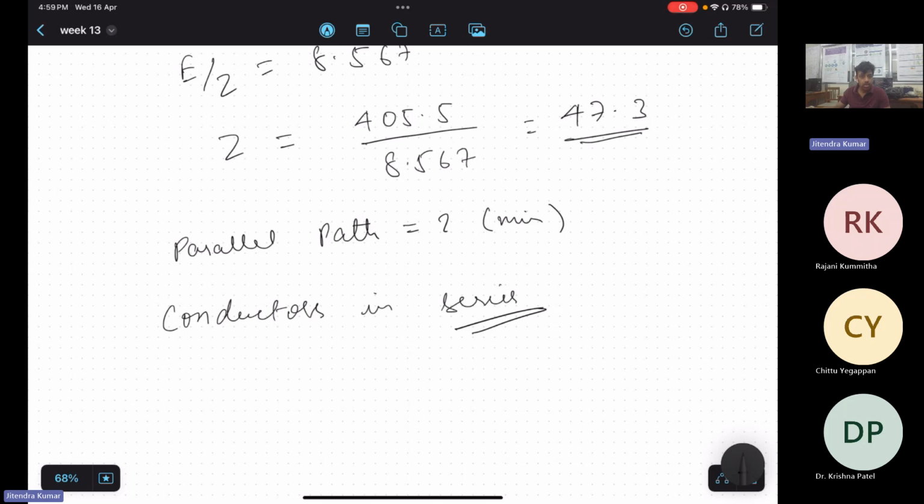Then we will be able to understand it better. But your point is correct.